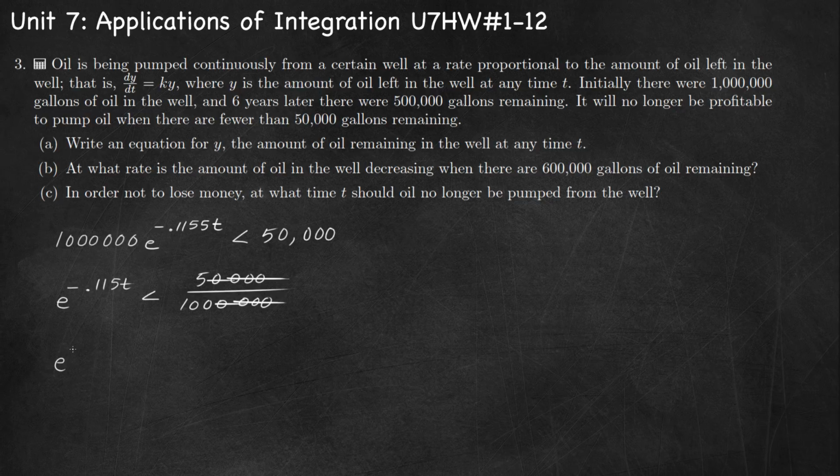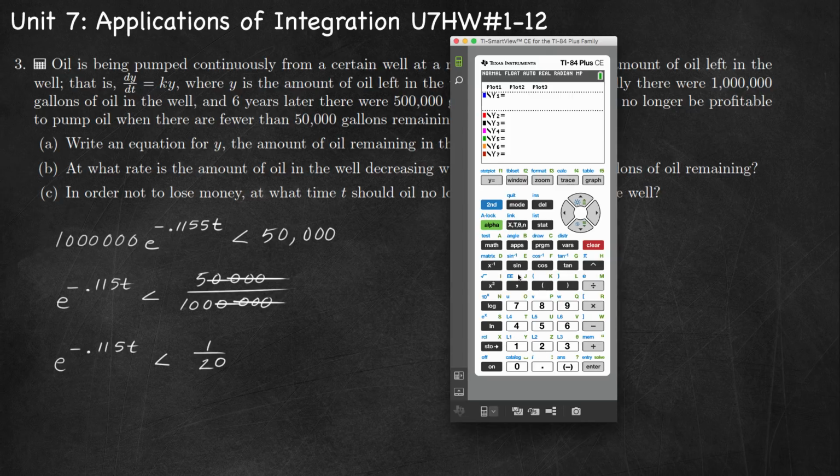So e to the negative 0.1155t, when is that less than 1 over 20? Okay, so I'm going to enter e to the power negative 0.1155 times t, and then 0.05 in y2.